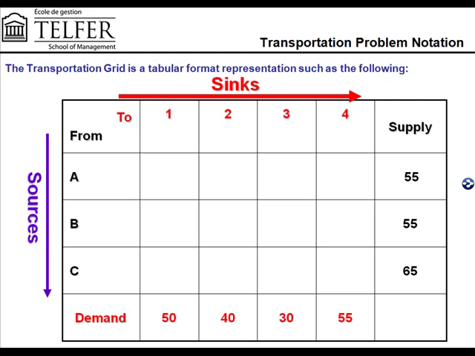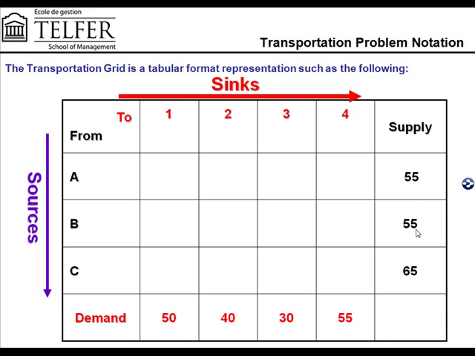At the end of the row, what you see is the supply that is possible, the maximum supply that is possible out of a supply point. So in this case, what we're saying is that point A can supply a maximum of 55 units or 55,000 units if we're talking about denominations in the thousands of units.